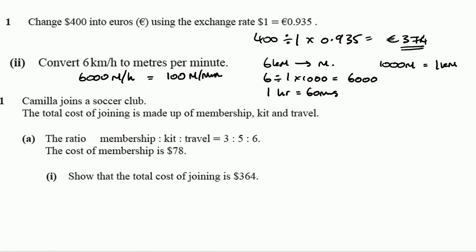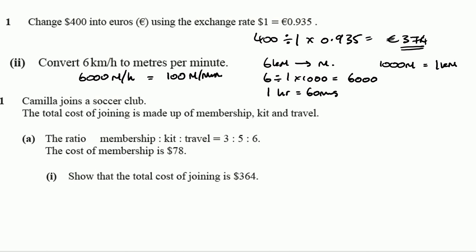Camilla joins a soccer club, and the total cost of joining is made up of membership, kit, and travel. The ratio membership to kit to travel is 3 to 5 to 6, and the cost of membership is $78. I want to work out the total cost of joining.